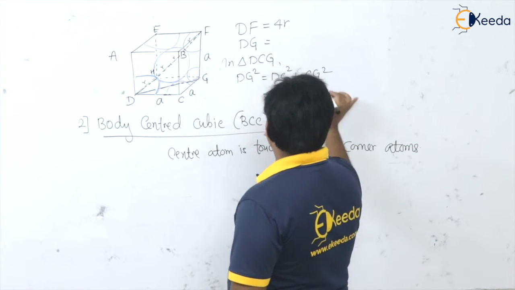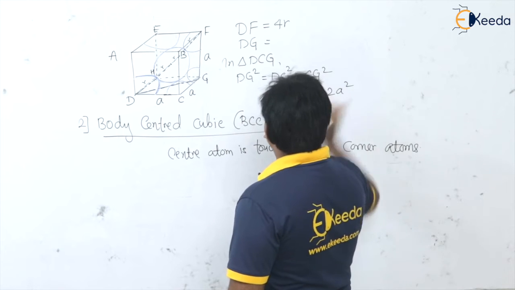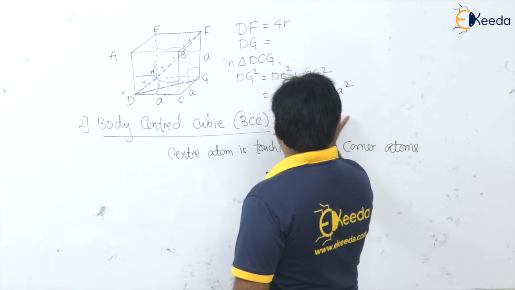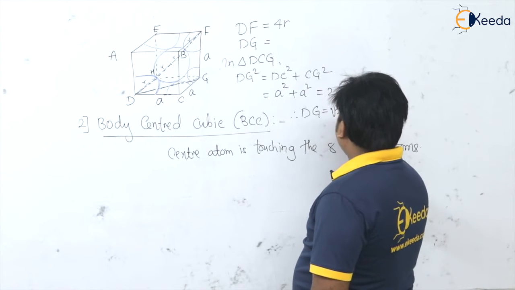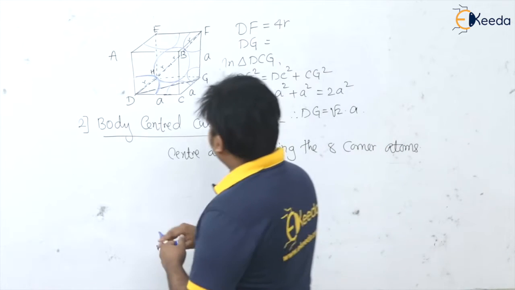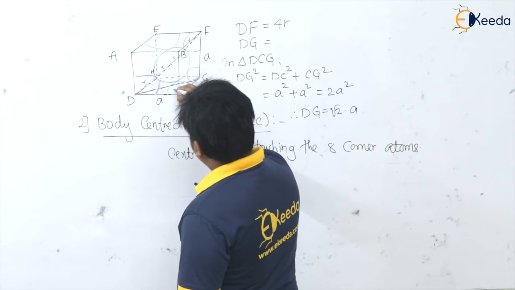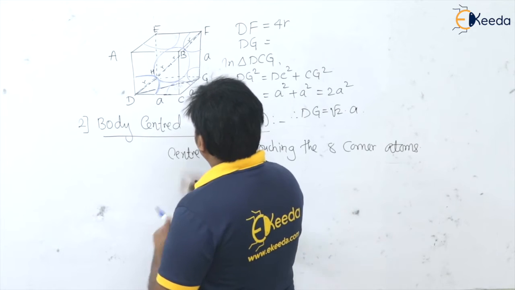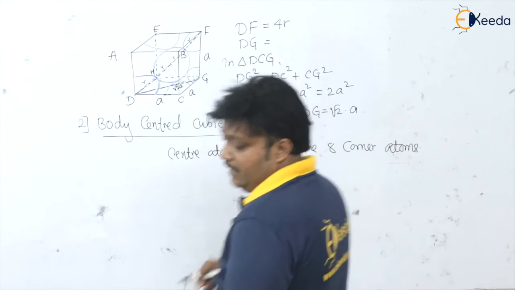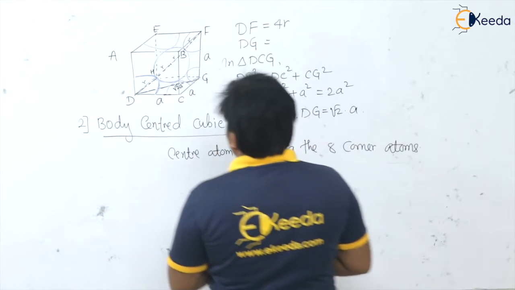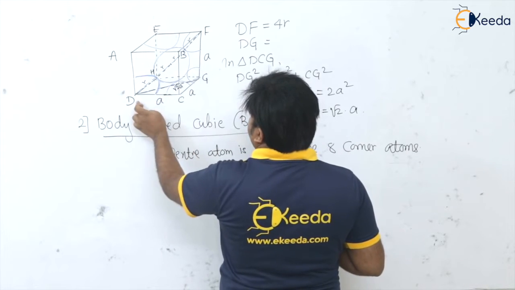We will get DG square as 2A square. Therefore DG will be how much? Root of 2A square, root 2 times A. So you got here the diagonal as root 2A.